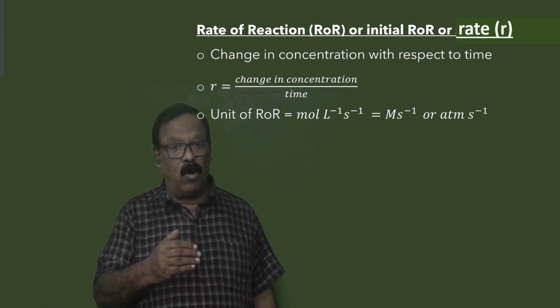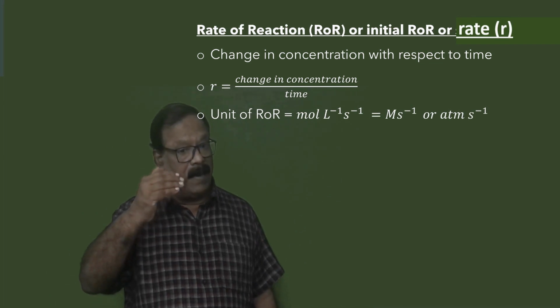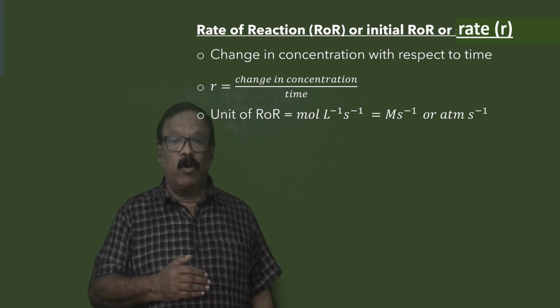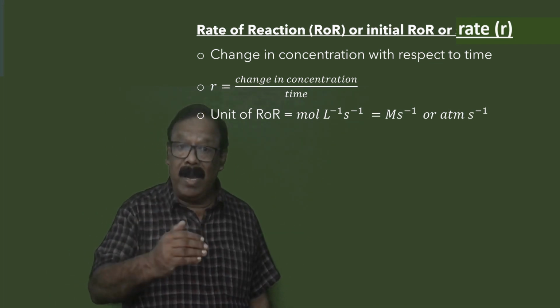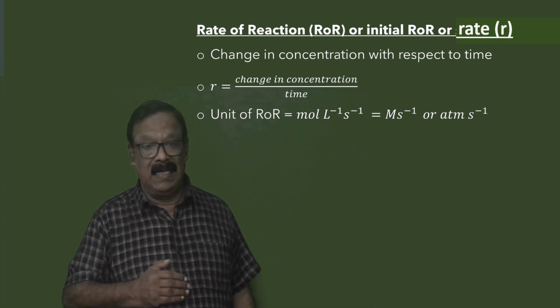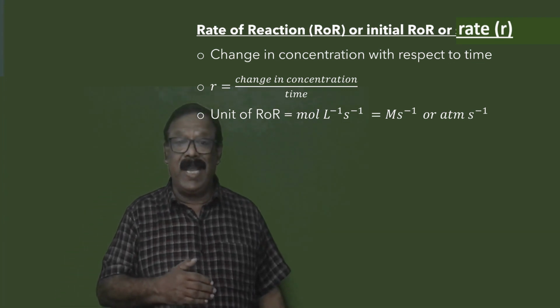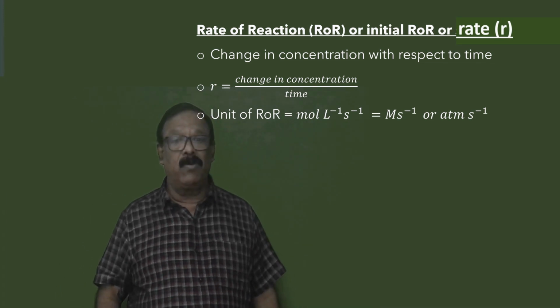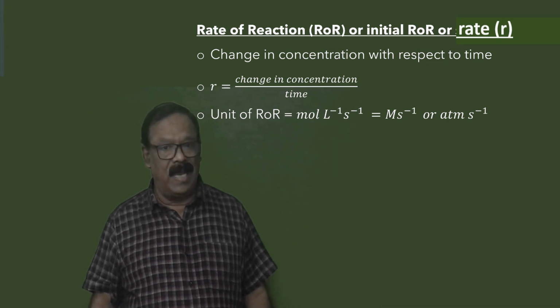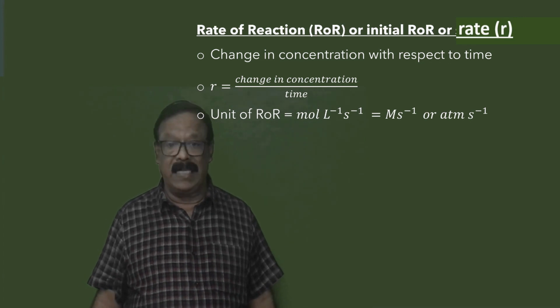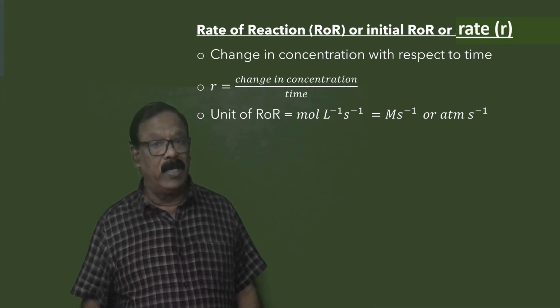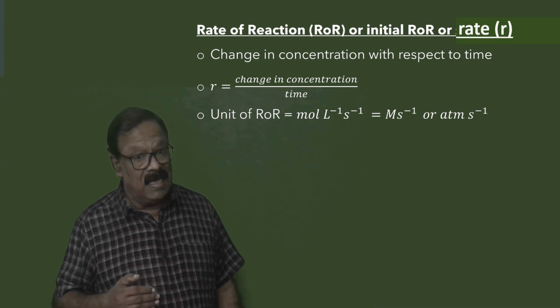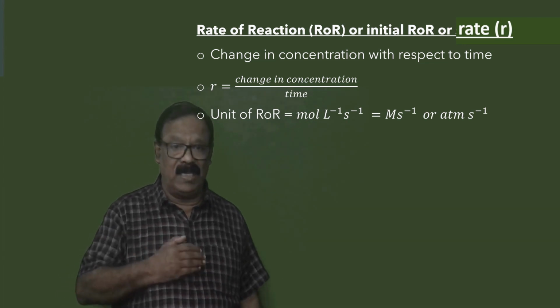Mole per liter is also called molarity, represented by capital M. So it can also have the unit molar per second. In the case of gaseous reactants, concentration can also be expressed in terms of pressure units like atmosphere, bar, etc. So it can also have the unit atmosphere second inverse.